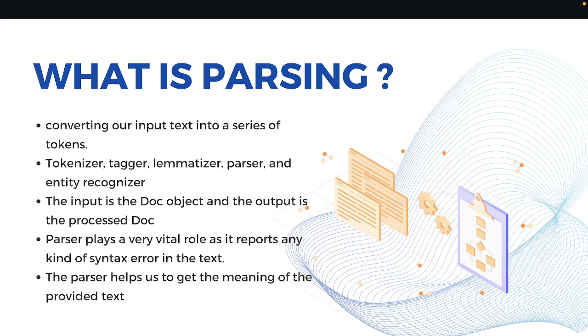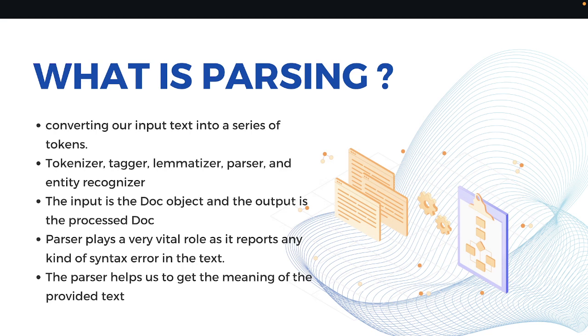Whenever we provide the input text to the NLP, the processing starts by first tokenizing it, that is converting the text into tokens, and then it is converted into an object, the doc object we already know.